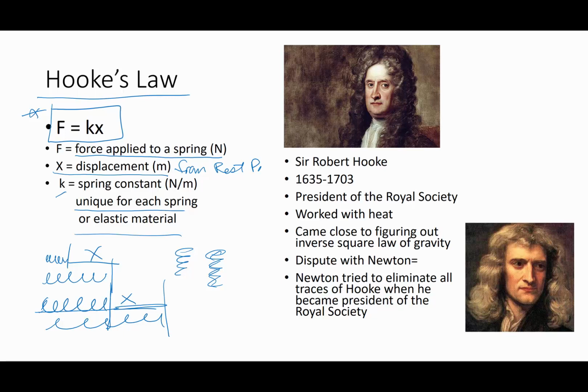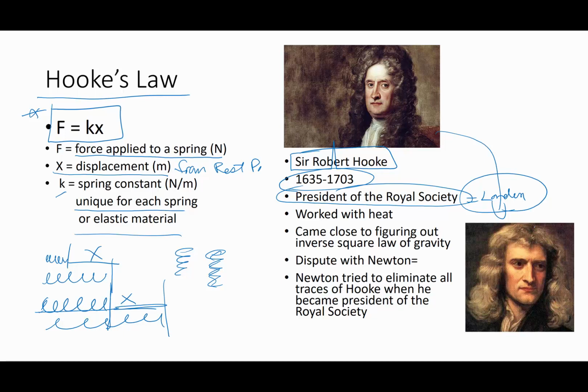Now, Hooke's law was produced by Sir Robert Hooke, and Sir Robert Hooke was not quite 10 years older than Sir Isaac Newton, and in many ways, Hooke was Newton's nemesis. Sir Robert Hooke was president of something referred to as the Royal Society, which was a group of scientists who met in London every few months back in the 1700s for the purpose of exchanging intellectual ideas.